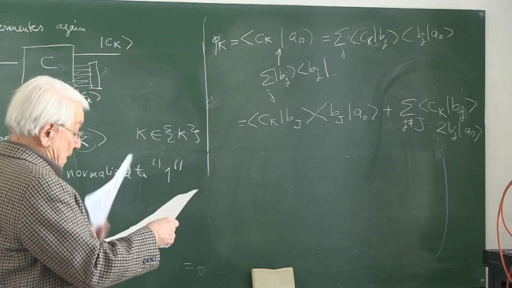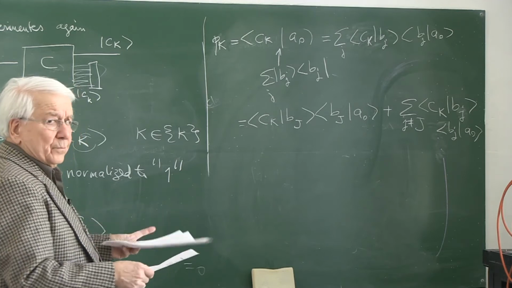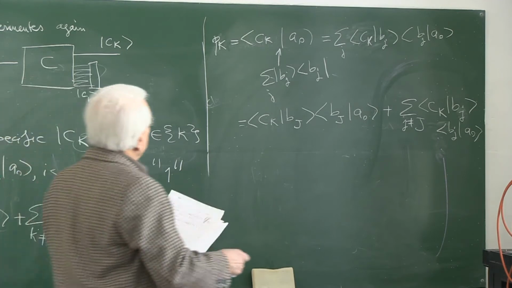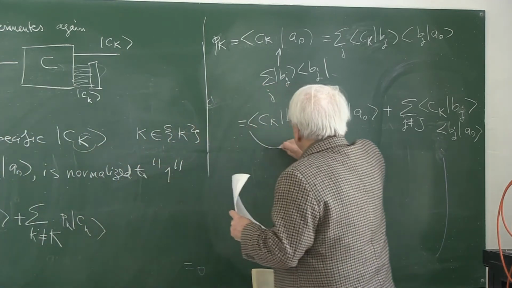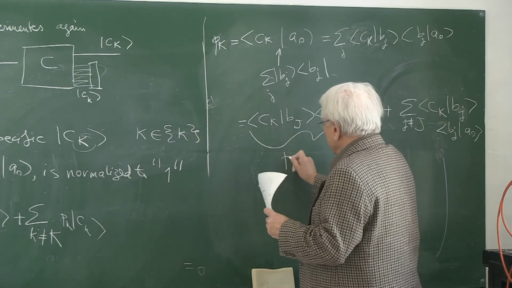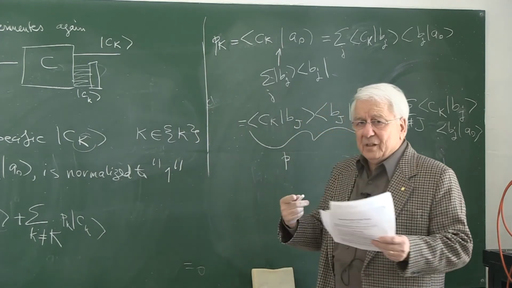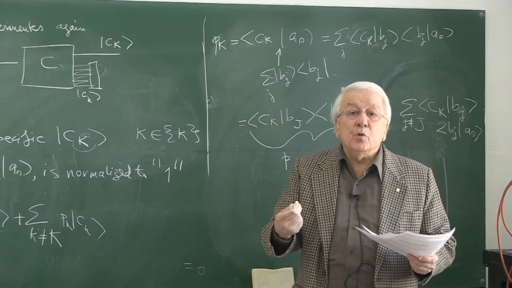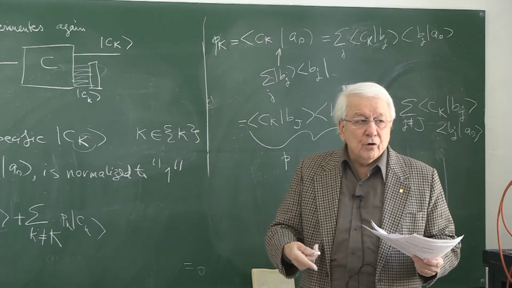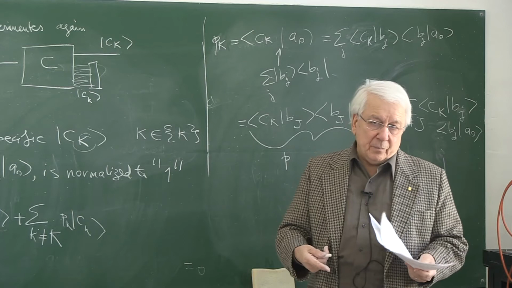So what is the first term? The first term is really the weight, little p. I denote the little p as weights and capital P as the probabilities. When you take the mod square of the little p's, you get the capital P. That's the definition.